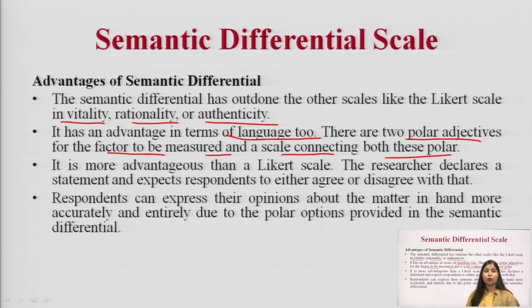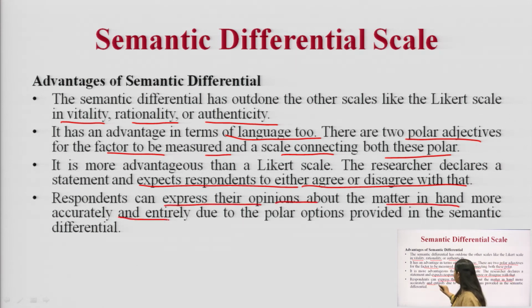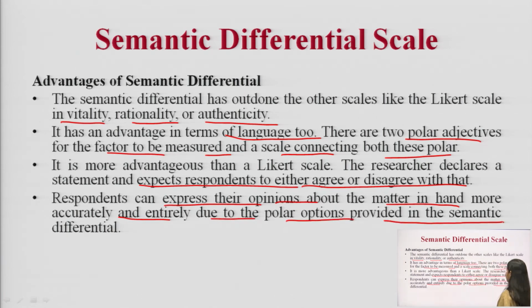It has more advantage, and researchers may conduct it more, because the statement and expected response are either agree or disagree. Then respondents can express their opinion about the matter at hand more accurately, entirely due to the polar options provided in the semantic differential scale.